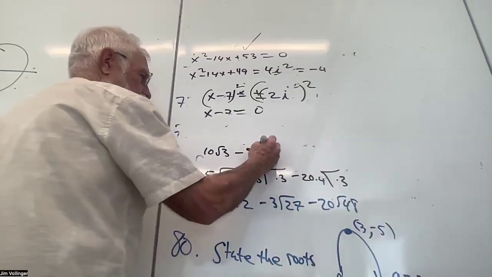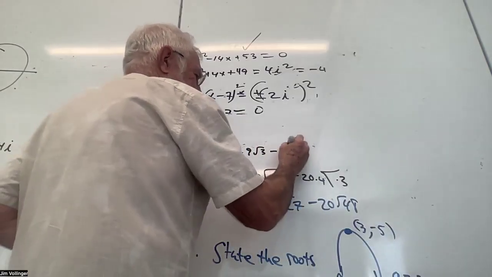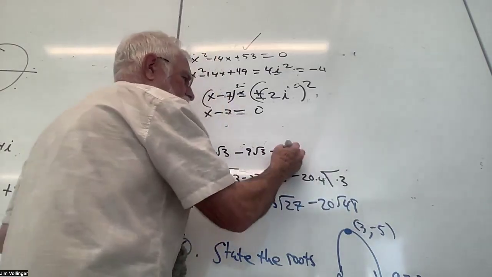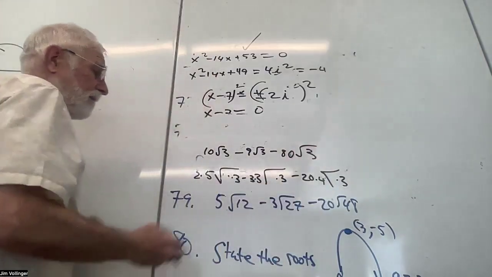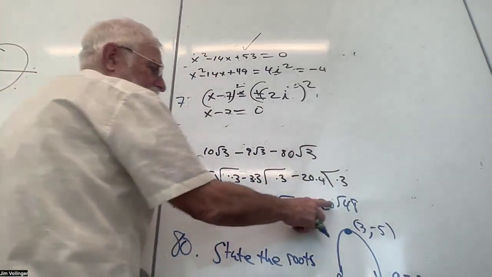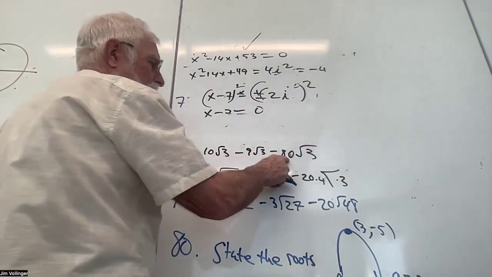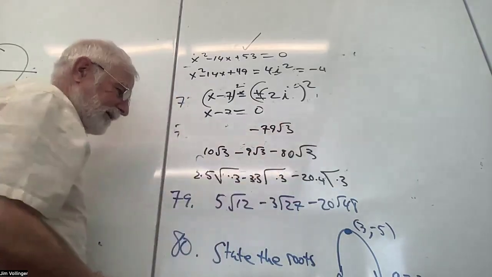Minus 9 root 3. Minus 80 root 3. I don't remember minus 80. Hope I didn't copy that wrong. Doesn't matter if I did. That's the problem I ended up doing. It was probably a 2 there. 10 minus 9 is 1. 1 minus 80 is minus 79 root 3. At least you got a little practice on that.